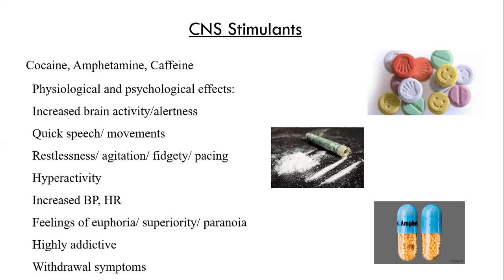amphetamine, caffeine, nicotine, etc. Nicotine is commonly found in tea. Caffeine also stimulates your central nervous system. It makes you feel awake. It will increase the brain activity, increase your heartbeat, increase the rate at which you are breathing, making you very alert, very conscious of your environment.